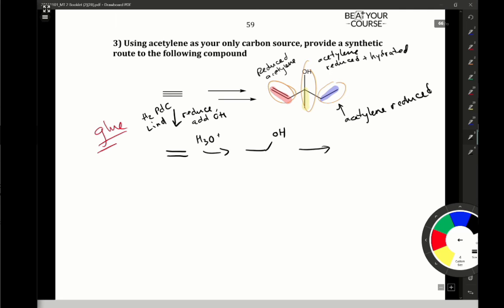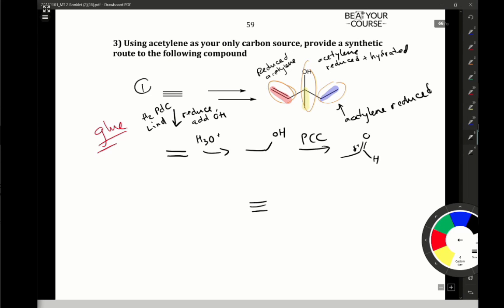The way we're going to do that is we're going to use PCC to turn that into a carbonyl. Nice. Remember carbonyls? They've got that electrophilic carbon right there. We can actually now start gluing pieces in there.